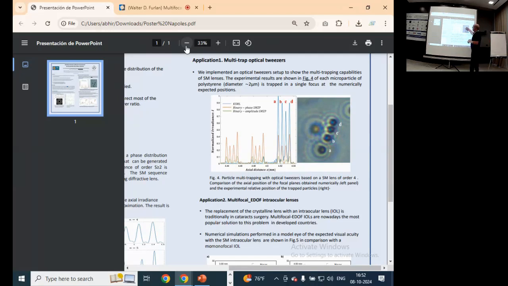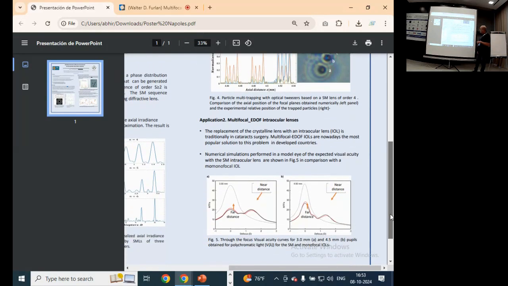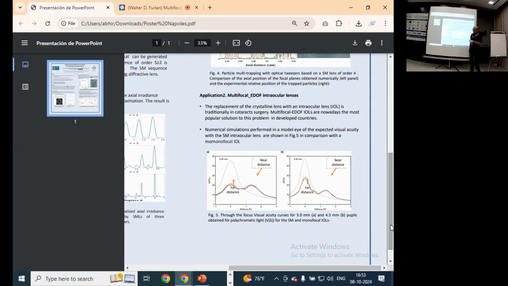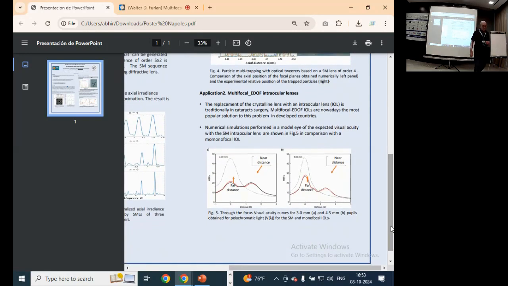So the quadrifocal properties of the lenses that I'm presenting have one important application in this area, and the other one is in the form of an intraocular lens.